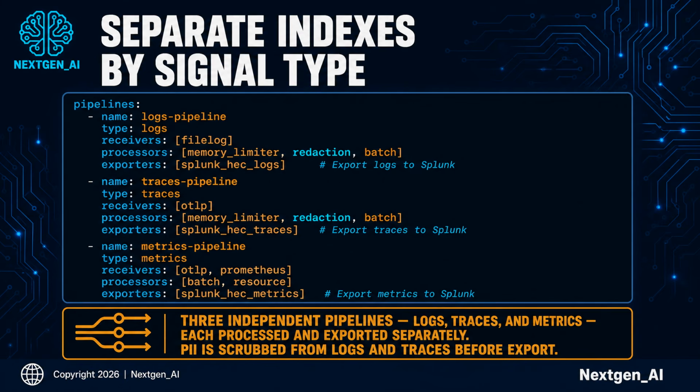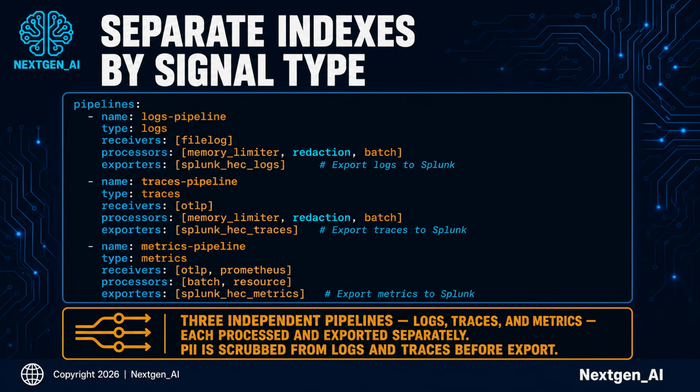The final step in configuring the OpenTelemetry Collector is wiring the components together using pipelines. You have defined your OTLP receiver, your redaction processor, and your Splunk HEC exporter, but they do not do anything until they are explicitly linked in the service section of the YAML file.